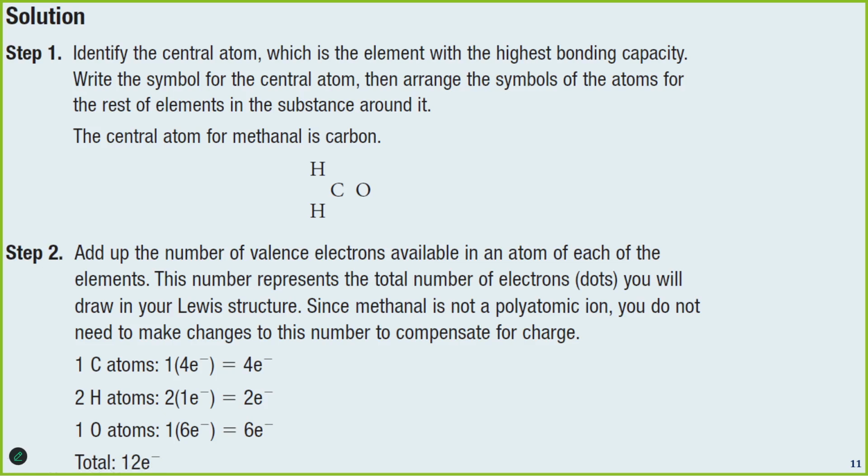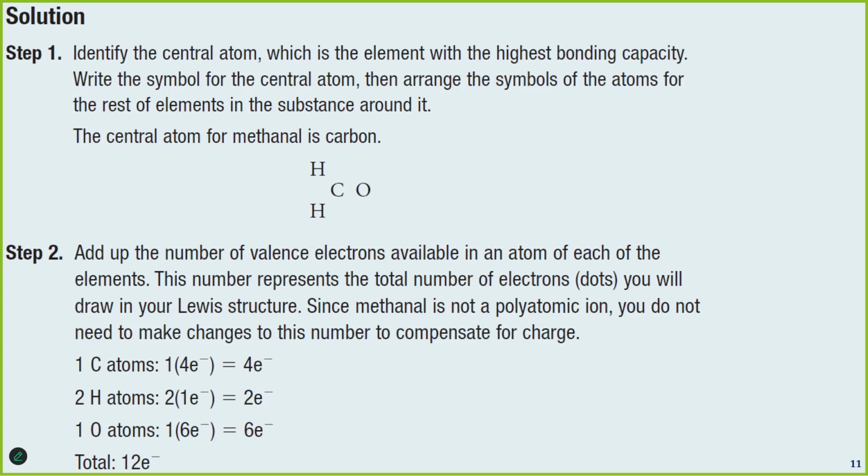So step 1, identify the central item, which is the element with the highest bonding capacity. Write the symbol for the central item and arrange the symbols of the items for the rest of the elements in the substance around it. So in the molecule of H2CO, we know the central item is carbon. And then step 2, add up the number of valence electrons available in an item of each of the elements.